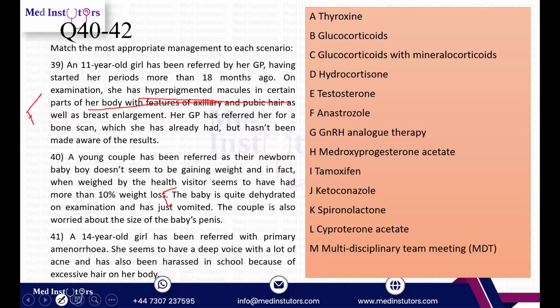What is this, guys? Dr. Manikam has answered C, glucocorticoids with mineralocorticoids. Can you at least tell me the diagnosis, guys? What is this, if not the treatment? This is CAH, congenital adrenal hyperplasia.